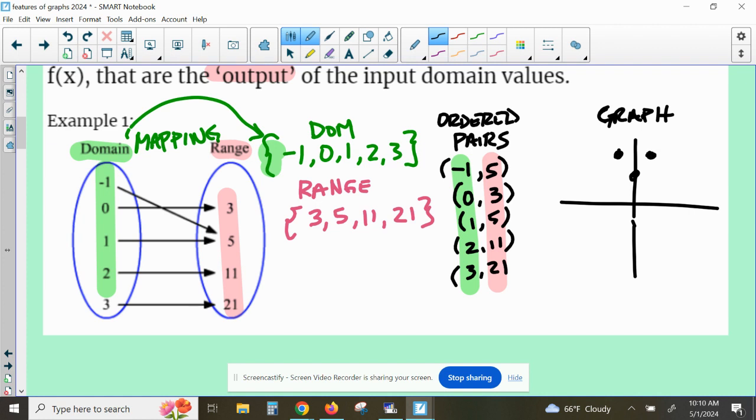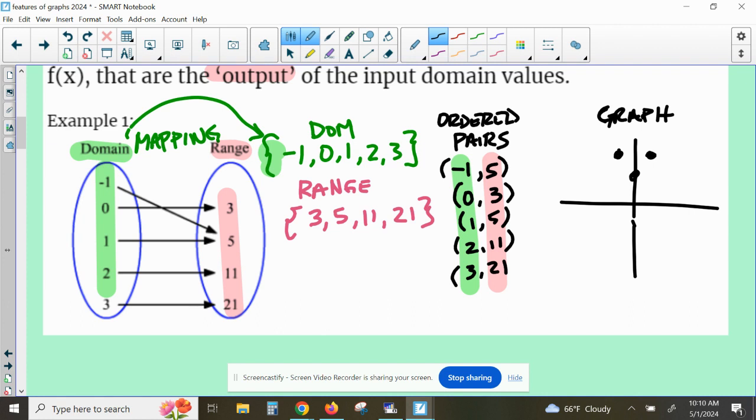They could give you points on a graph, and you could still find the domain and range, correct? Just label the points, pull them out, or see where they are on the XY axis. But giving a mapping or ordered pairs or a graph, super easy to pull out domain and range, right?